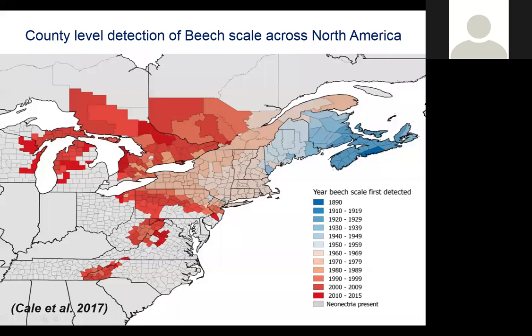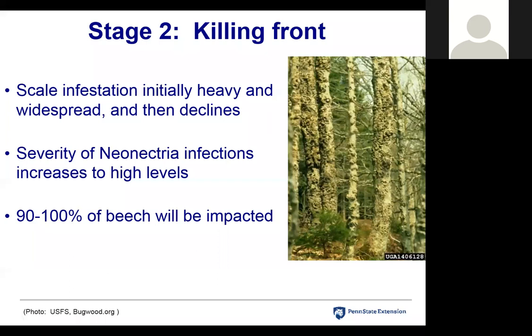So the second stage of the disease is what's called the killing front, and that's where the scale infestation starts out pretty heavily and widespread in the area. As the killing front moves through, after a decade or so, the scale will eventually die back, but this is where the neonectria infections increase to their highest levels.